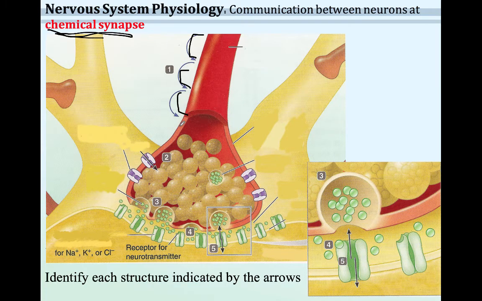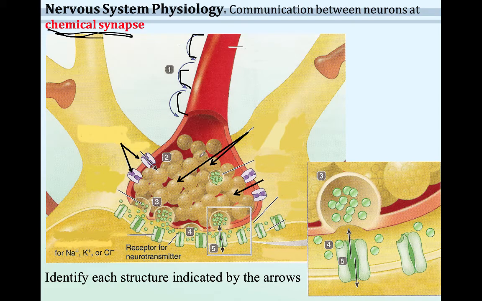You need to be able to identify the different pieces that we have here. These guys are voltage-gated calcium channels, as opposed to the ligand-gated calcium channel that we just looked at. Voltage-gated calcium channels over here as well. Here are the synaptic vesicles.